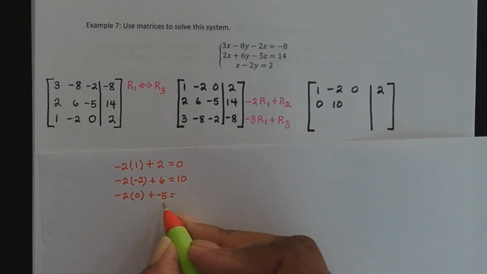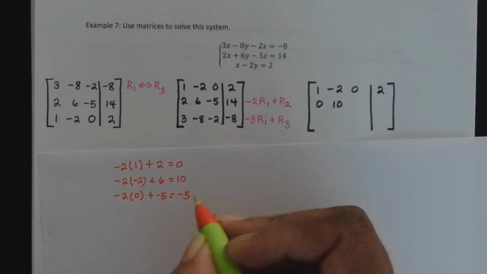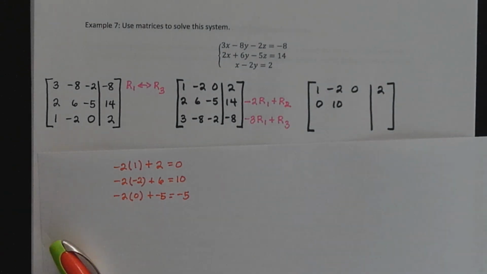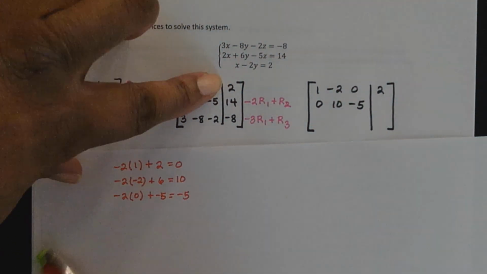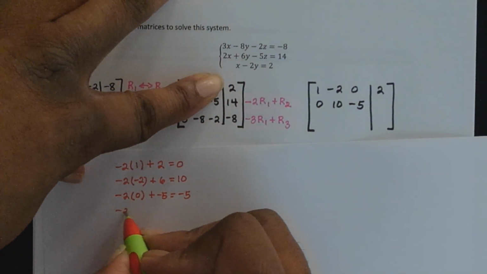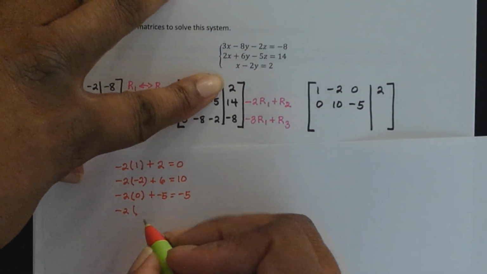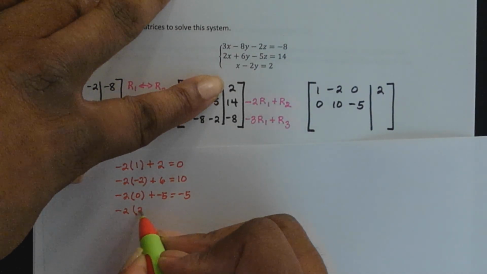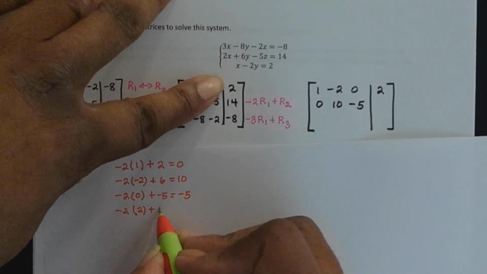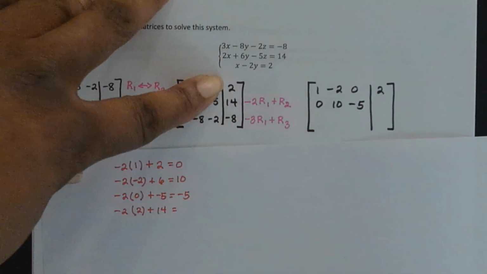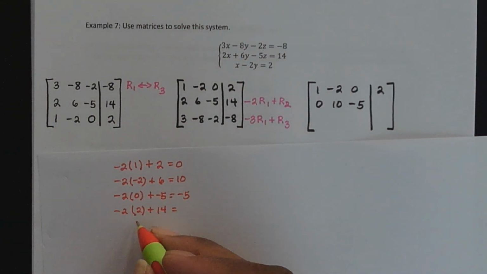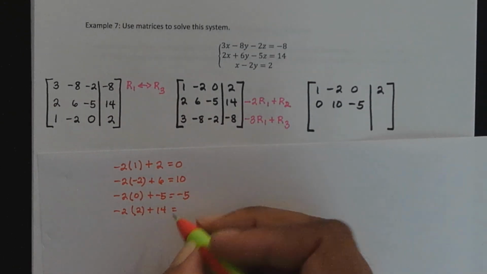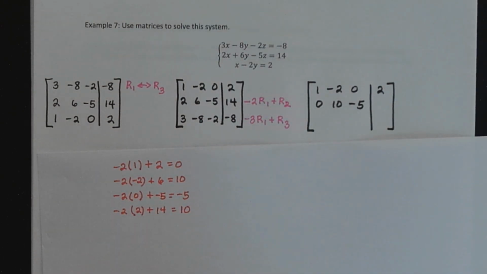Negative 2 times 0 is 0, plus negative 5 will be negative 5. And negative 5 will go in this column. And then I'll have negative 2 times this element in row 1, which is 2, plus the corresponding element in row 2, which is 14. Negative 2 times 2 will be negative 4. Negative 4 plus 14 is 10.